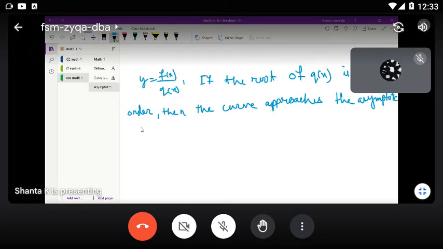There, it was the opposite end of the asymptote; here it approaches the same end of the asymptote.